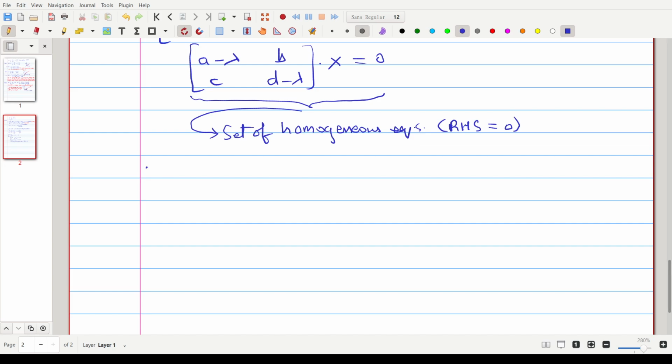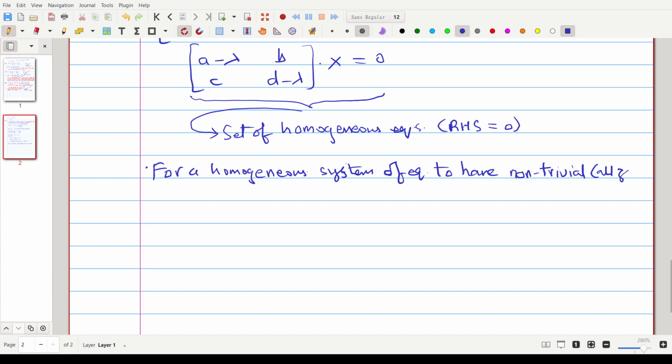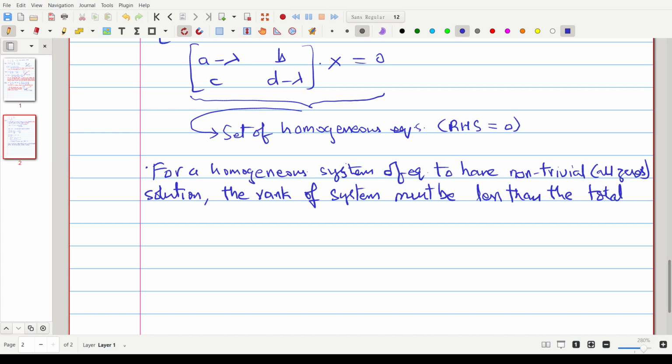The first is, for a homogeneous system of equations to have a non-trivial solution, the rank of the system must be less than the total number of rows in the system.